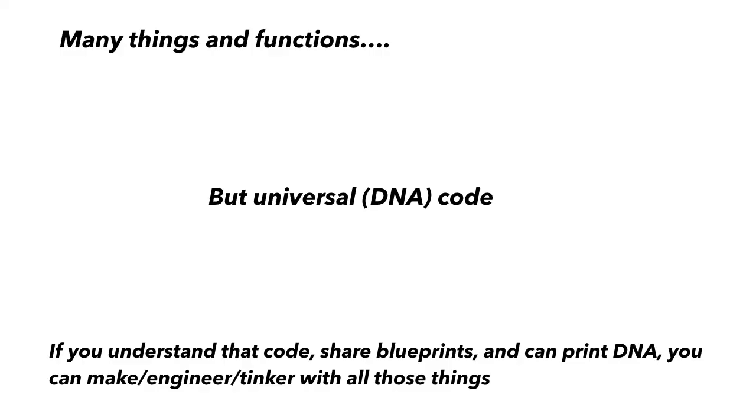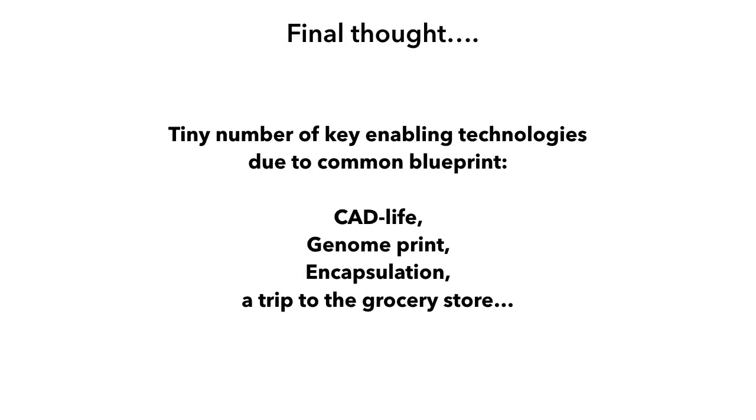And what that means is if you understand the DNA code, and if you develop technologies for sharing those blueprints and editing those blueprints, and you can print more DNA, then all of a sudden you can make or engineer or tinker with all of biology. And that brings with it great promise, but also, once you think this through, it raises any number of significant concerns, some of which we will cover in our class.